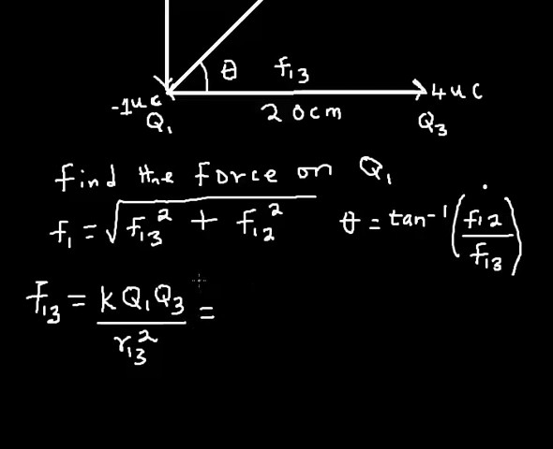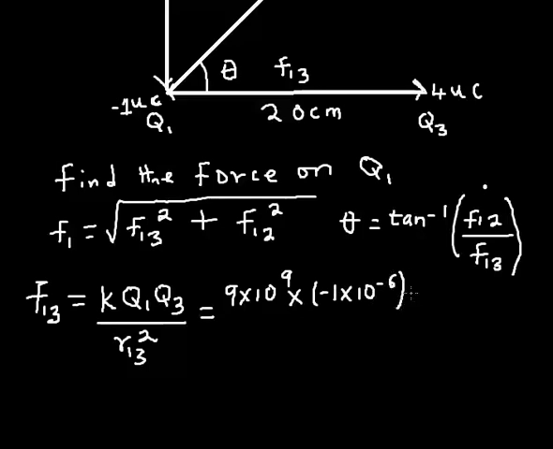All right, so now let's start putting our values. K is 9 times 10 raised to the power of 9, times Q1. Q1 is minus 1, times 10 raised to the power of minus 6.